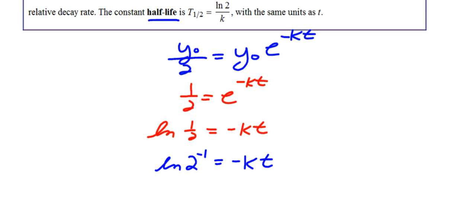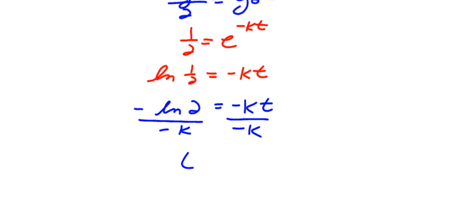And we know the power rule says you can bring that exponent down in front as a factor. So I'm going to have a negative 1 times ln of 2. So that when I divide through by negative k in order to solve for t, I now get that t is equal to ln of 2 divided by k again.